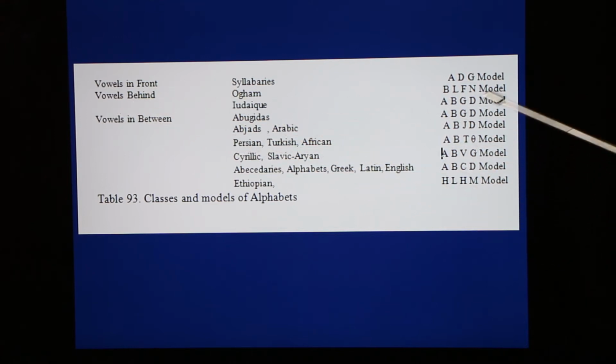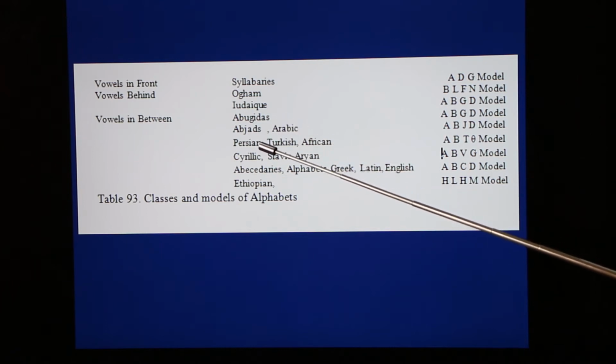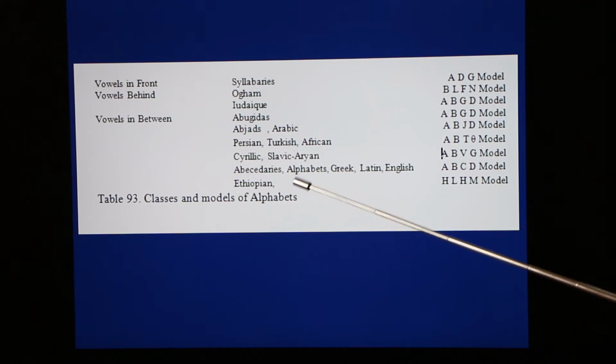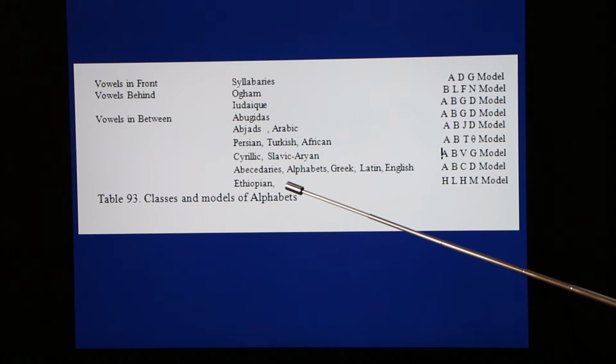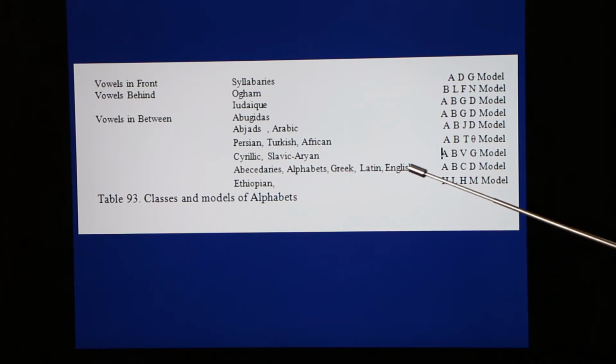Vowels behind are things like Ogham and Judaic, one of the versions of Hebrew. Vowels in between are the abugidas, the abjads, Arabic, Persian, Turkish, African, Cyrillic, Slavic, Aryan, abecedaries, alphabets, Greek, Latin, English, and Ethiopian.